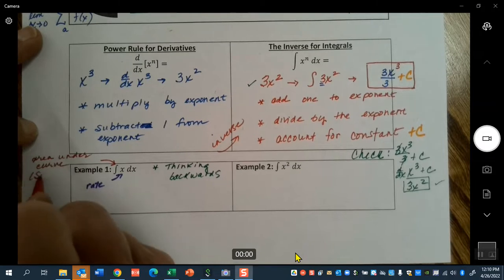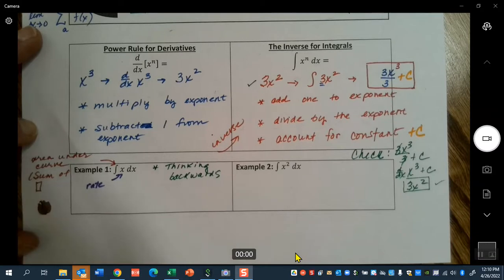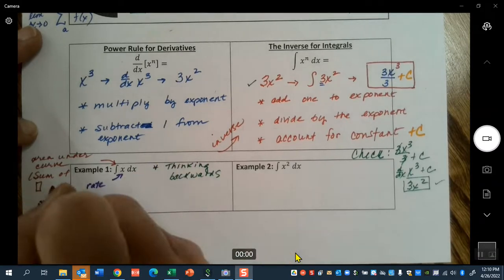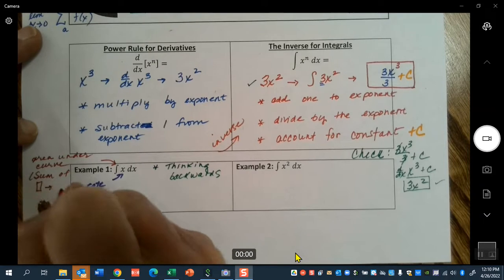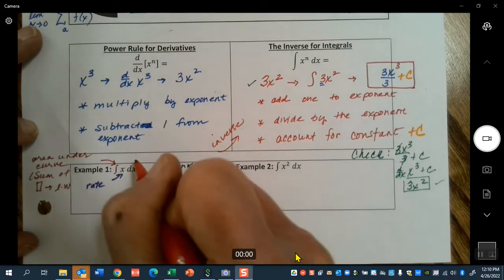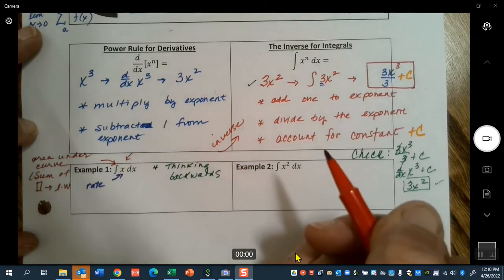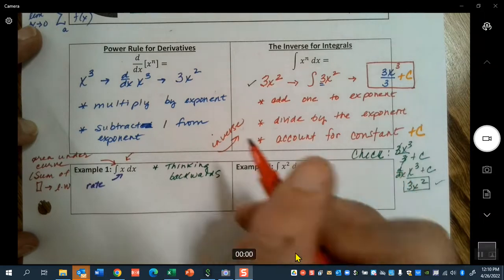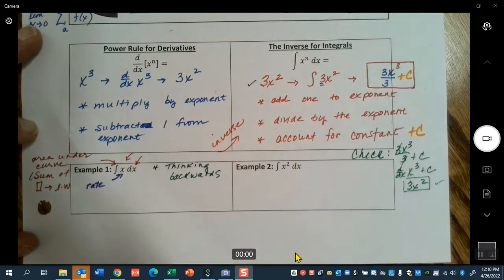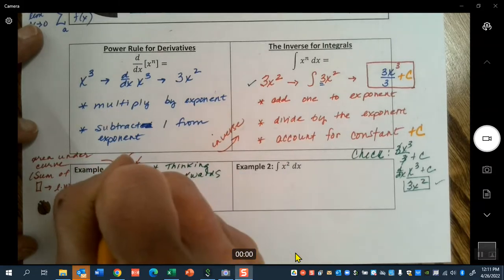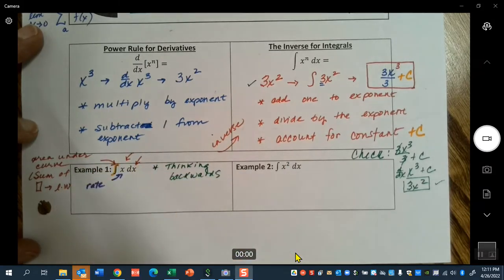Remember, that was the sum of all of my little rectangles. Part of the rectangle is my length times width: this is the height, and this dx is the width of all my little rectangles. So this summation is asking me, can you take me back to my original function? That's code: take me back to my original function.